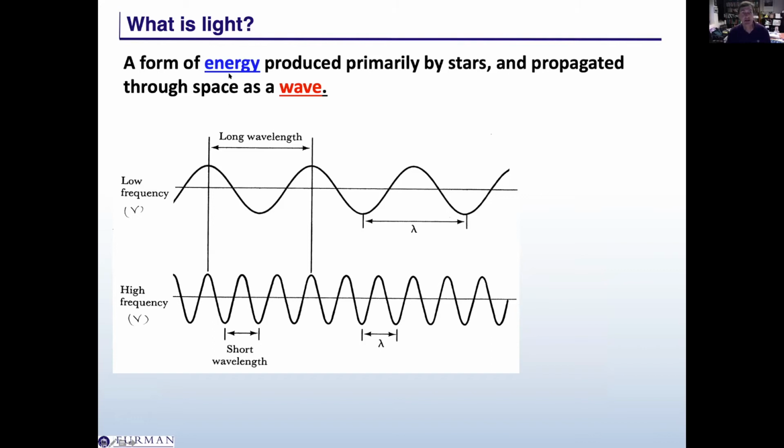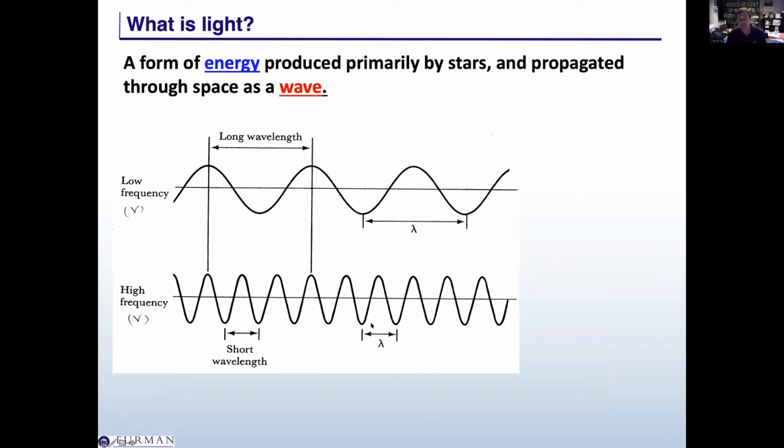So light is a wave. It's a form of energy produced primarily by stars, and it's propagated to us from the stars as a wave. So here's something like a wave. Think of beach waves a little bit, right? Beach waves, there's a distance between the crests and distance between the troughs, and that is known as the wavelength, lambda. And sometimes those waves come slowly.